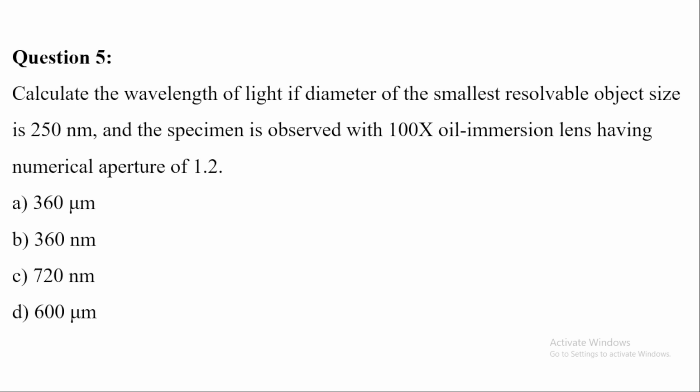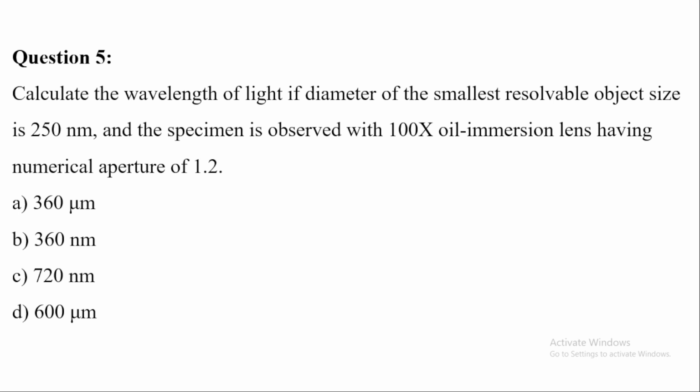So we will move to the next question. Question number 5. Calculate the wavelength of light if the diameter of the smallest resolvable object size is 250 nanometer and the specimen is observed with a 100x oil immersion lens having a numerical aperture of 1.2. Okay, so it's a numerical question. We have to calculate the wavelength, we have the resolution given.